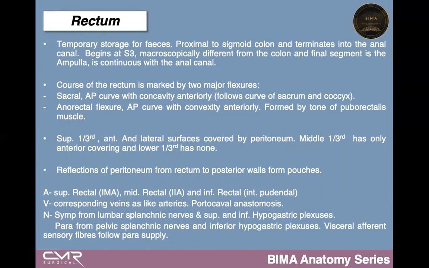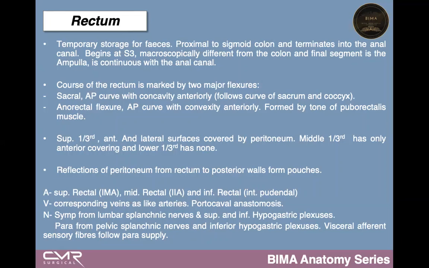The superior one third, anterior and lateral surfaces are covered by the peritoneum. The middle third has only anterior covering, so the posterior aspect is completely not attached to any side of peritoneum, and the lower third has none.